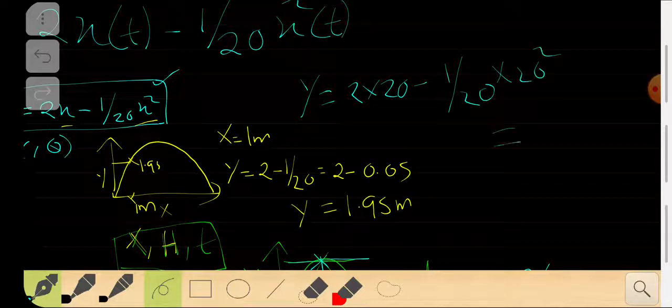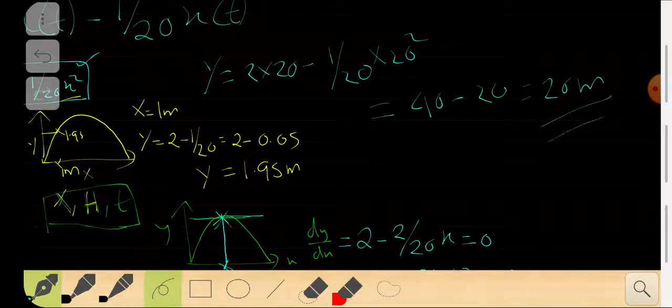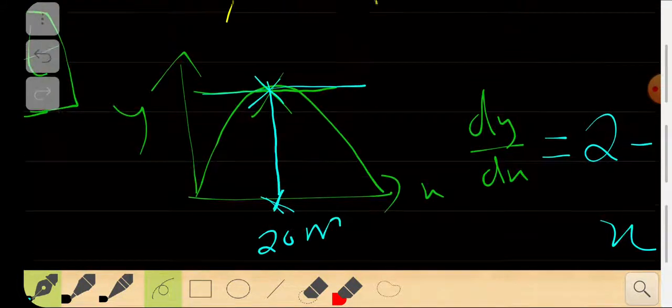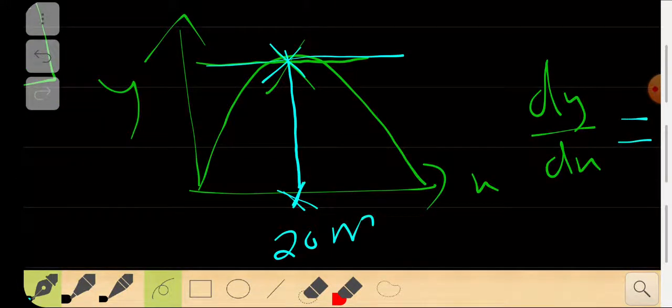That is 40 minus 20, so 20 meters. That's a happy coincidence anyway, it's not what I intended. So the height at x equal to 20 meters is also 20 meters.